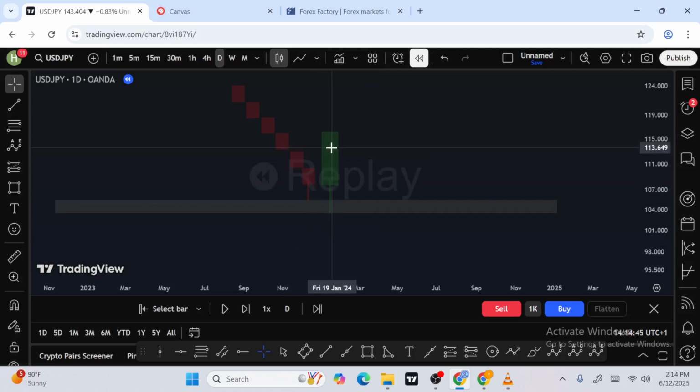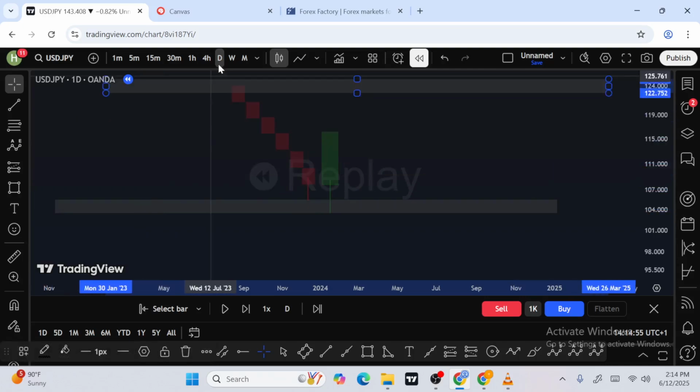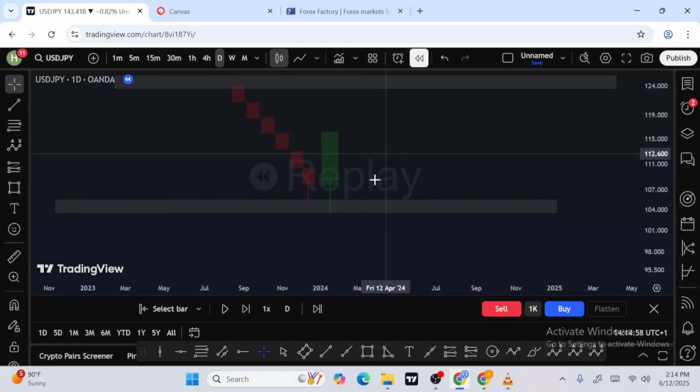It tells you that whatever happens here, the market is expected to reverse from this downtrend to a possible uptrend till it gets to the next resistance. Is that not so?